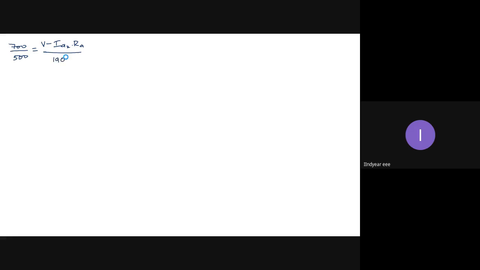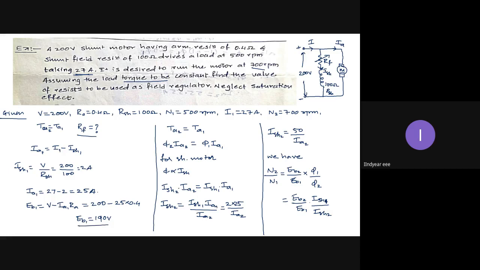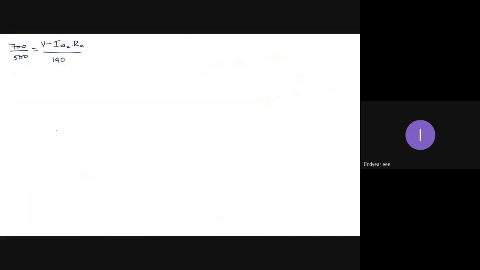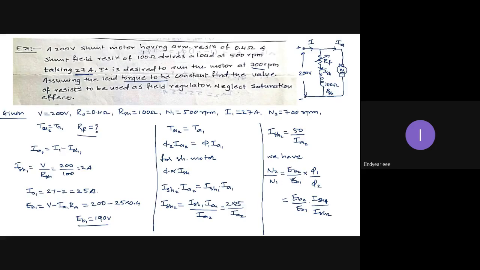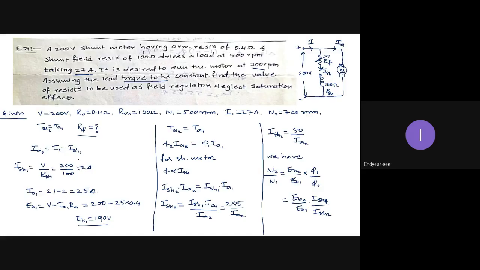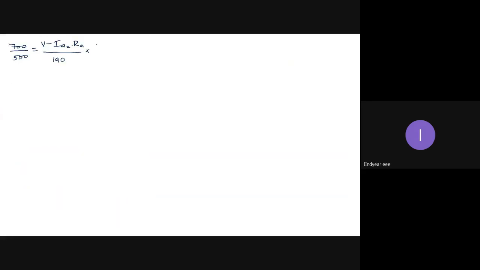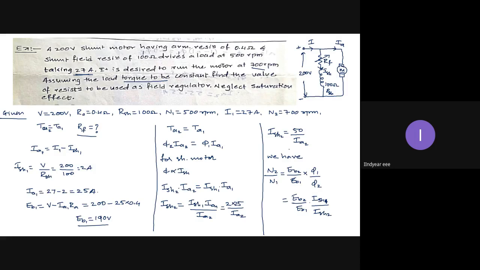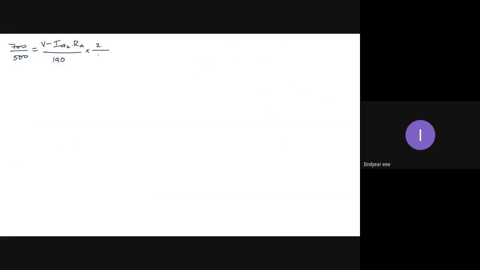EB1 value is 190, we have calculated. ISH1 by ISH2, I will write it as, here I have ISH2 is equals to 50 by IA2. ISH1, I have the value of 2 amperes. So ISH1 is 2 amperes divided by ISH2, which is 50 by IA2.